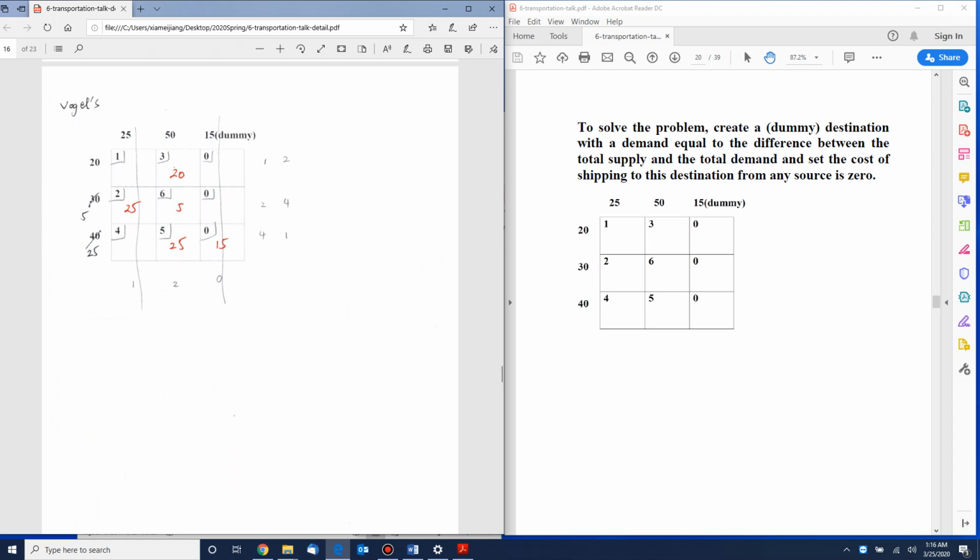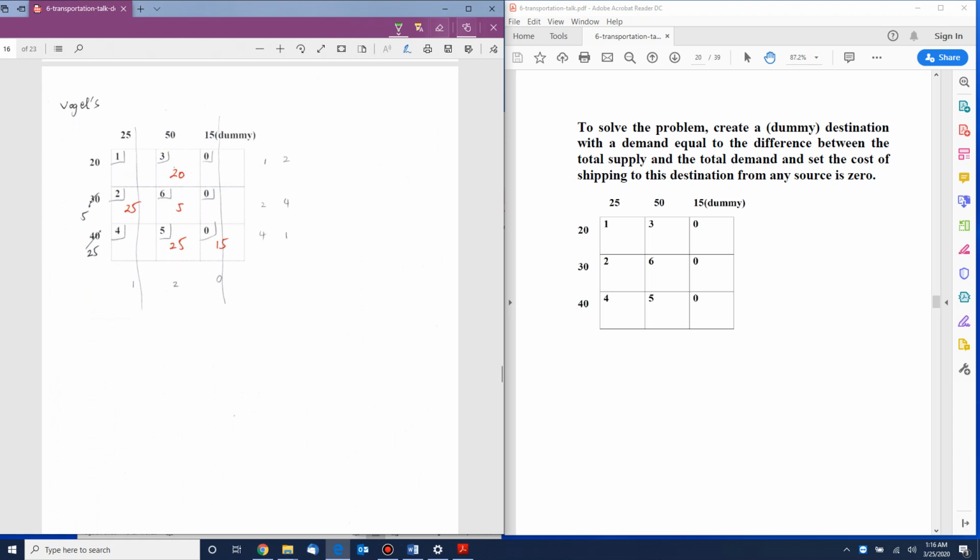Now we cross this column, and in source 3 we have 40. So we put 15 into the dummy destination, then we have 25 remaining.